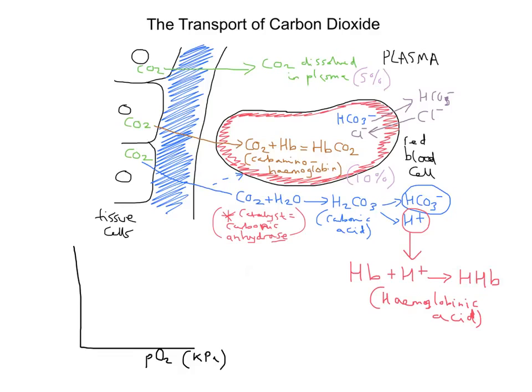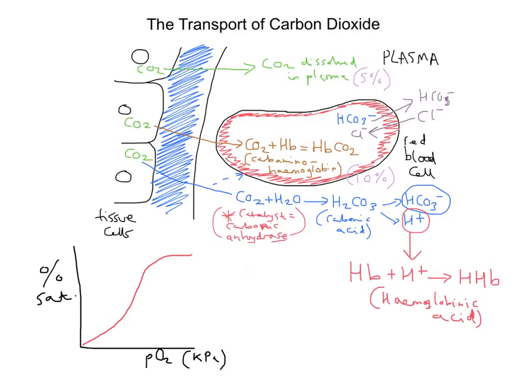And up the y-axis we'll have percentage saturation of hemoglobin with oxygen. So we'll just put this as percentage sat for the moment. Now usually when you look at the oxygen dissociation curve, it looks a bit like this. It has a characteristic S shape.